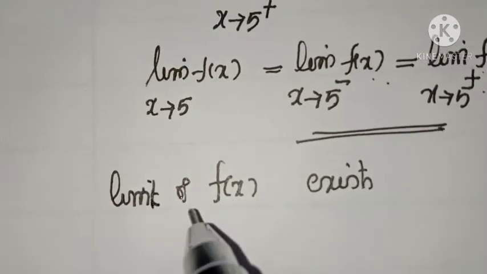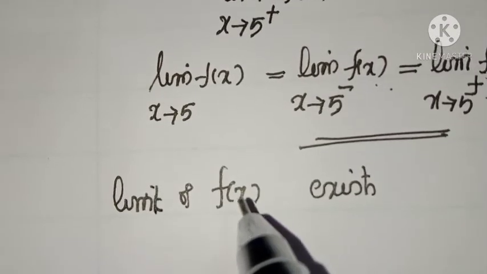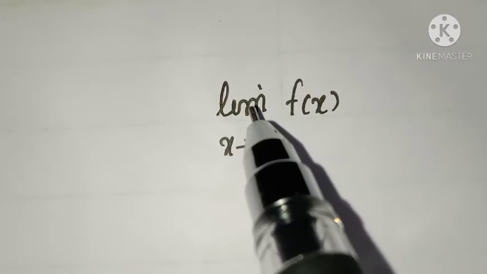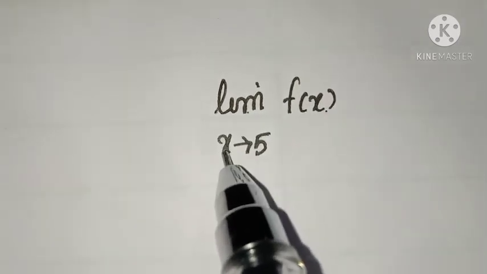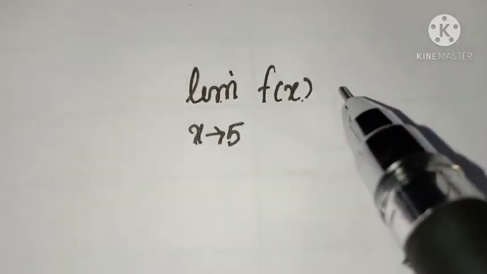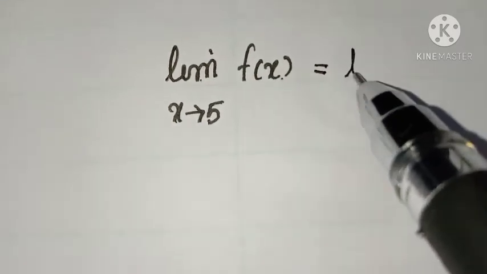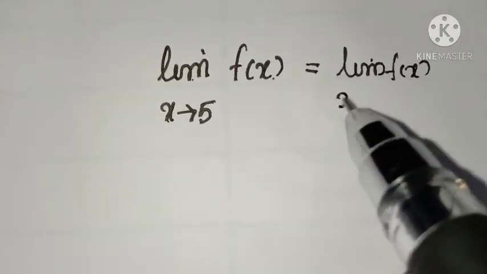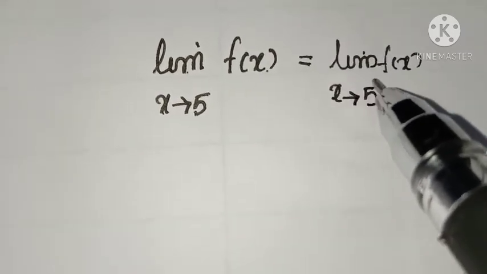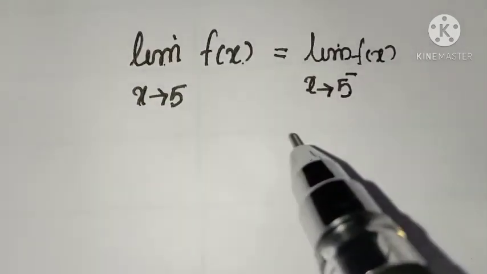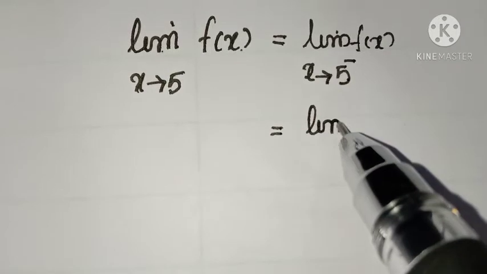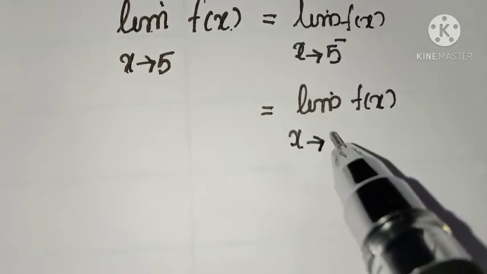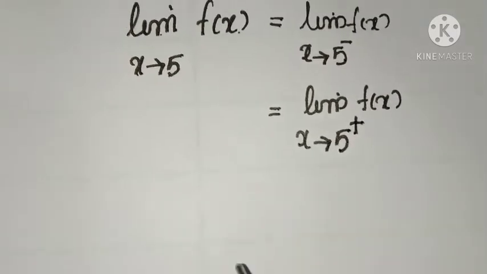So, when can we say that the limit of a function exists? The limit of a function at x equal to 5 exists only if it is the same as the limit of the function f of x very near to 5 and to the left of 5, and it is equal to the limit of the function f of x very near to 5 and to the right of 5.